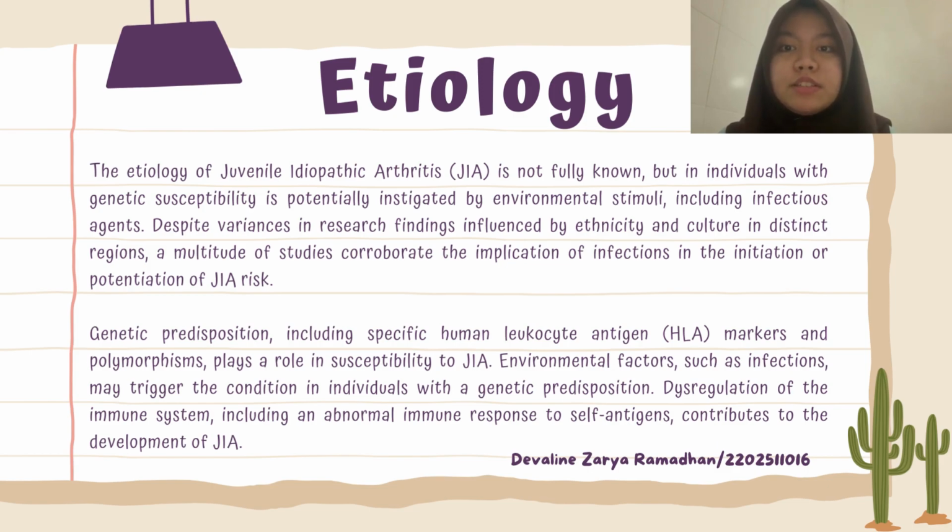Genetic predispositions, including specific human leukocyte antigen or HLA markers, and polymorphisms play a role in the susceptibility to JIA. Environmental factors such as infections may trigger the condition in individuals with genetic predispositions. Dysregulation of the immune system, including an abnormal immune response to self-antigens, contributes to the development of JIA.